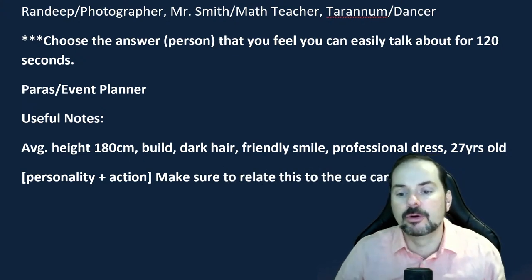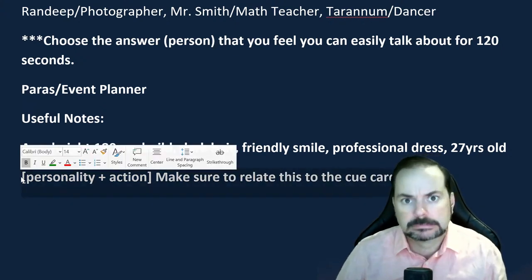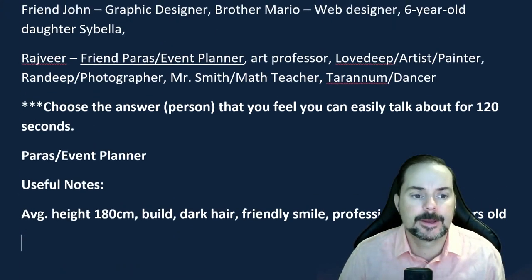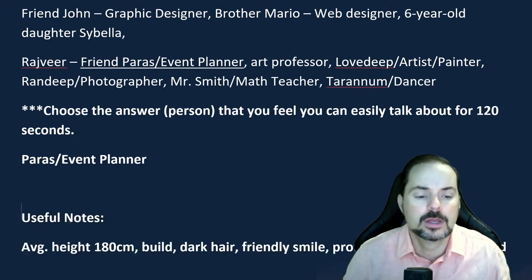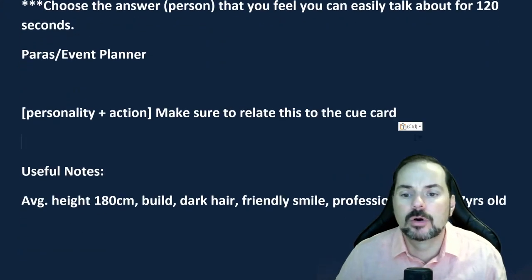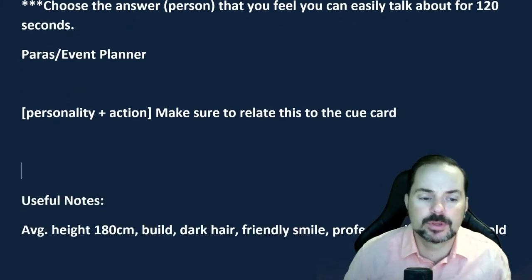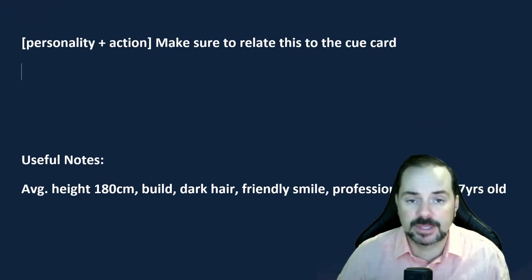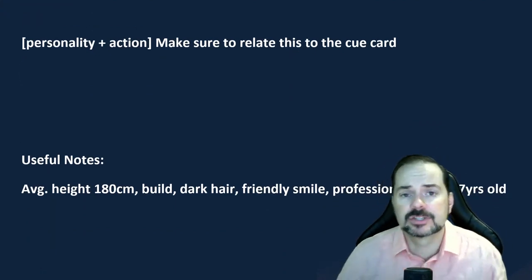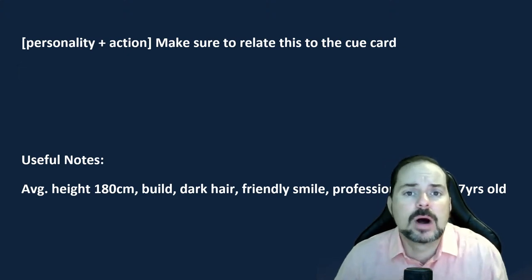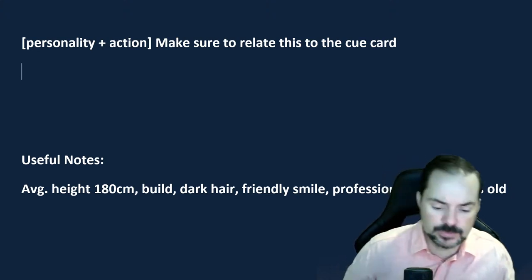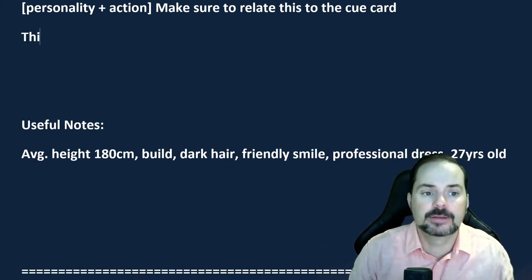So don't start by saying he's a very kind person. You have to think about creativity. So related to the cue card. And so when you're thinking about the event planner, think about what an event planner does. So what and why. So why is an event planner creative? What do they do? So think what, why, how.